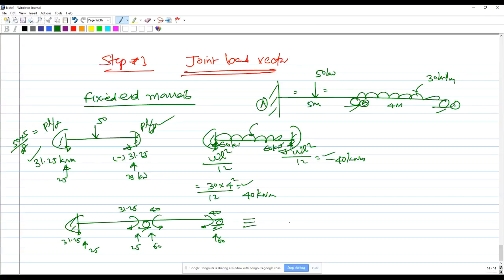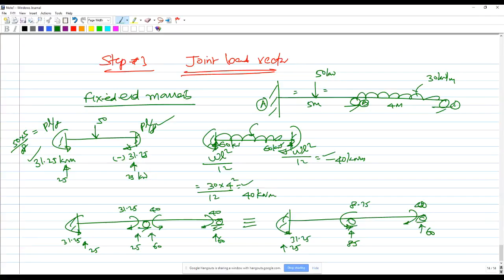So this will be equal to an anti-clockwise of 31.25, a reaction of 25, and a reaction of 85, and a net moment, you see, net moment of 40 is clockwise, so anti-clockwise 40. So 40 minus 31.25 is going to be 8.75. And this is going to be 40, and this reaction is going to be 60.